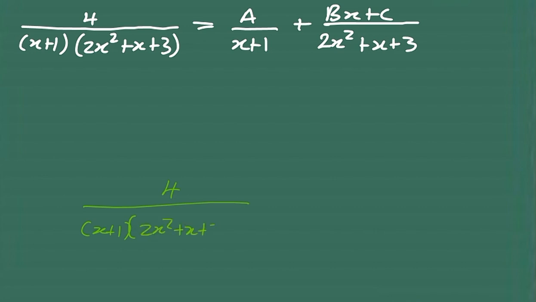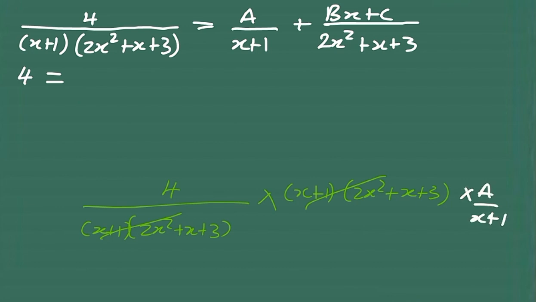Now if we take the expression 4 all over x plus 1 times 2x squared plus x plus 3, the common denominator is x plus 1 times 2x squared plus x plus 3, and multiplying through, this expression entirely is gone, so for the left hand side we are left with 4 equals. Multiplying by the term a all over x plus 1, x plus 1 is gone, so we are left with a times 2x squared plus x plus 3.